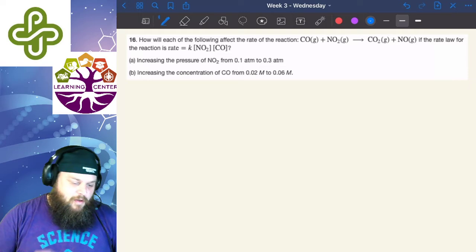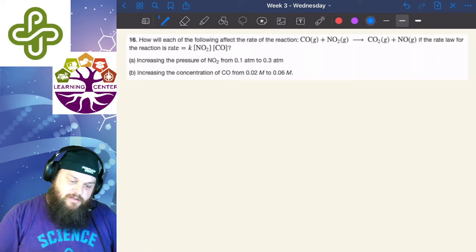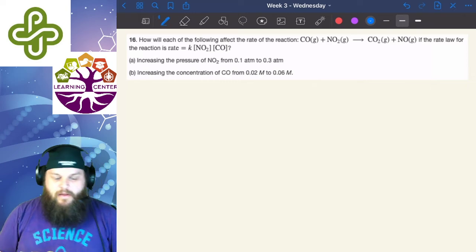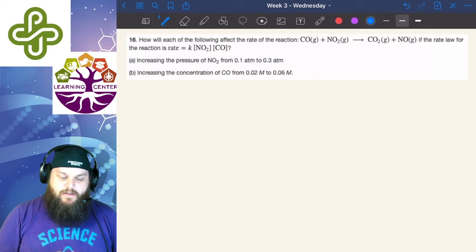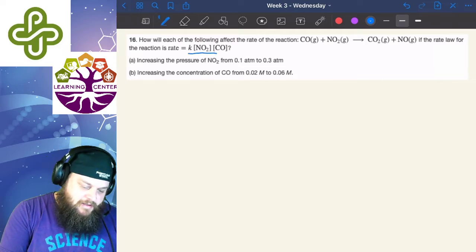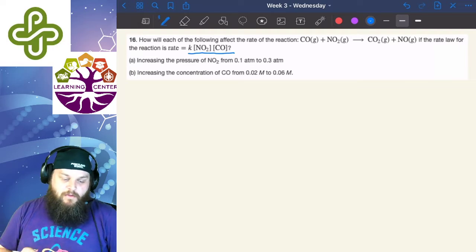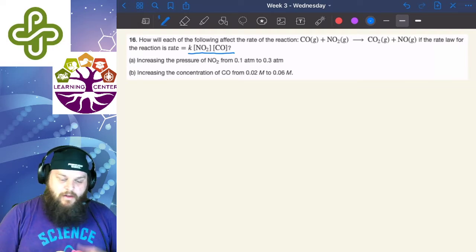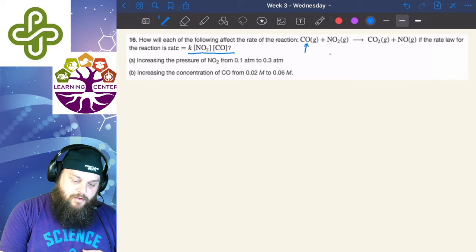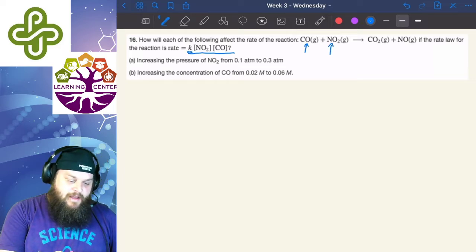This first problem here: how will each of the following affect the rate of reaction? Here we have CO gas plus NO2 gas, which is going to create CO2 gas and NO gas. And they say the rate law for the reaction is K times the concentration of NO2 times the concentration of CO. So that's the concentrations of the two reactants times that K value.